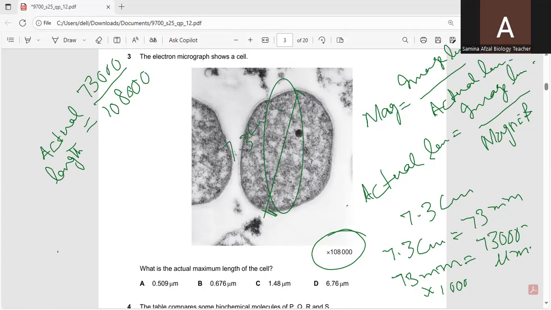So I'm going to divide. It is equal to 0.675, which is nearly equal to 0.676. So according to this, B is the correct option.